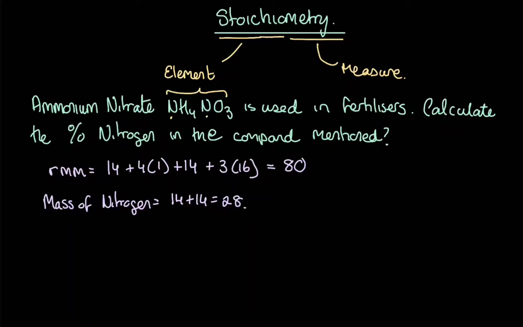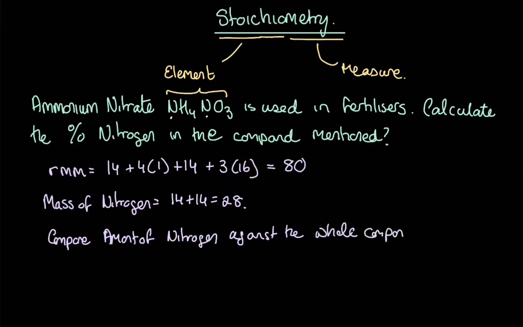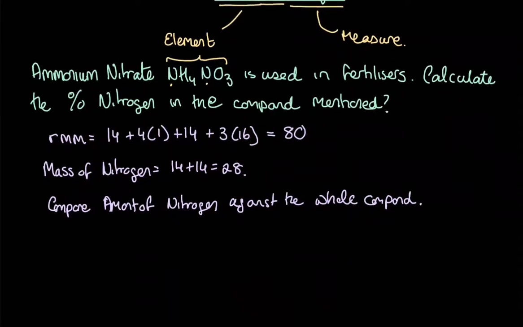If we compare the amount of nitrogen against the whole compound, we will see the amount of nitrogen present in the compound. To do that, you put them as a fraction.